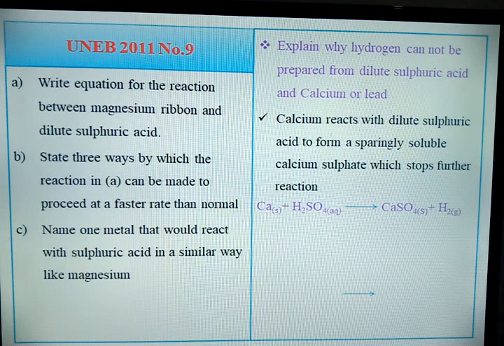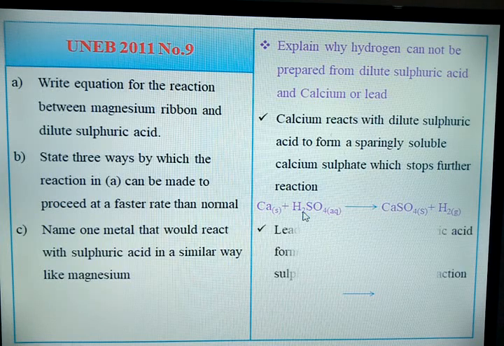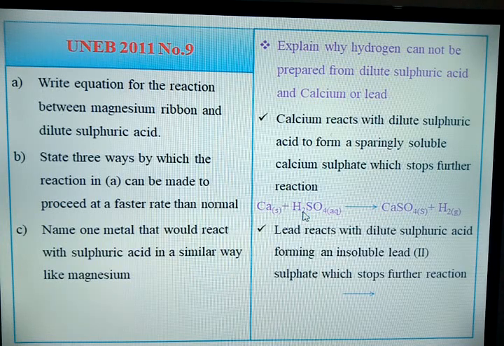And we are representing calcium sulfate with a solid state because it hardly dissolves. So we cannot use calcium and sulfuric acid to prepare hydrogen in the lab. Two, we cannot use lead because lead will also react with dilute sulfuric acid.